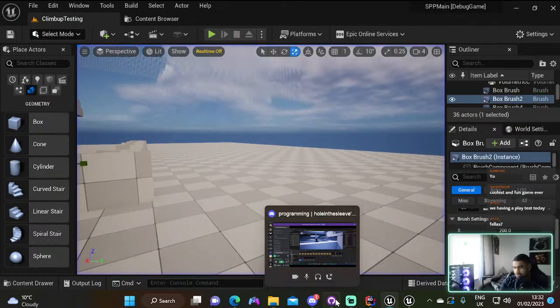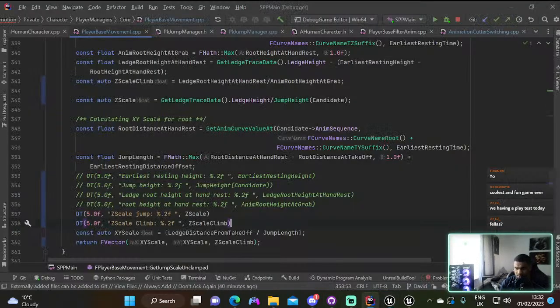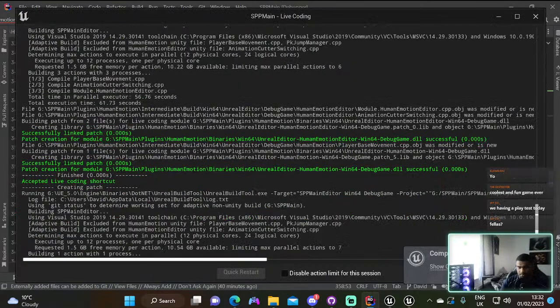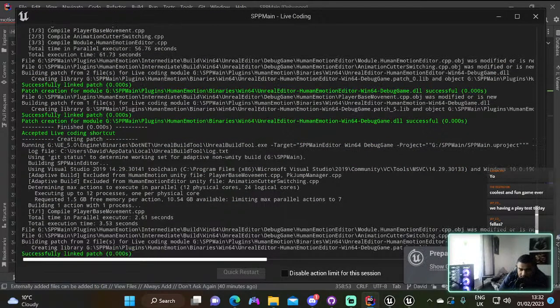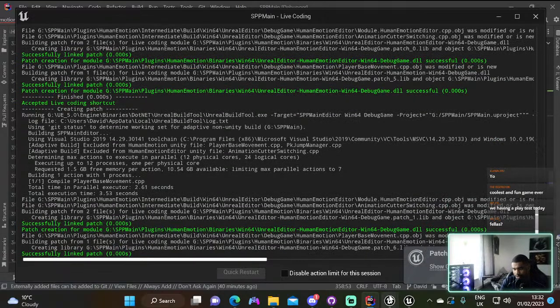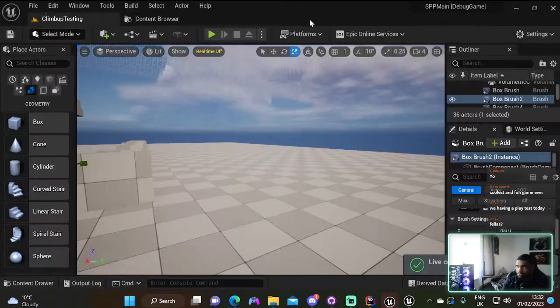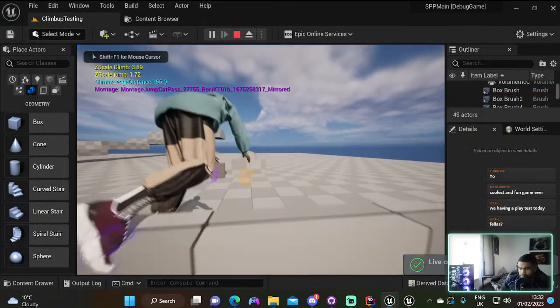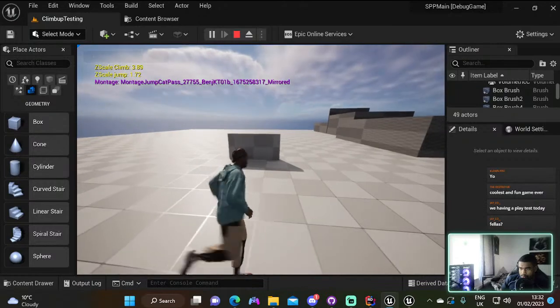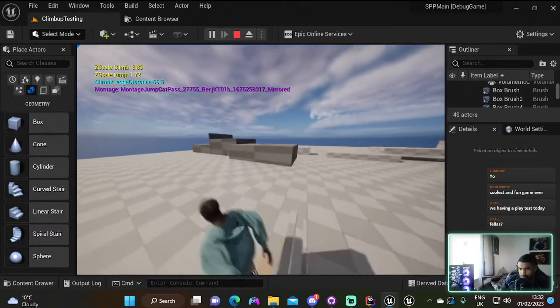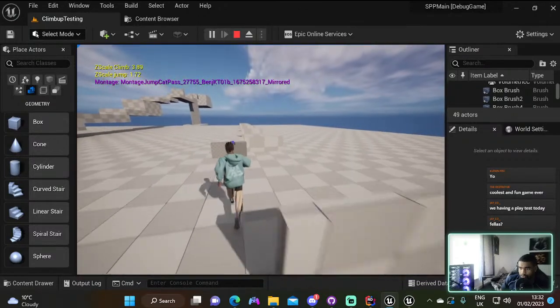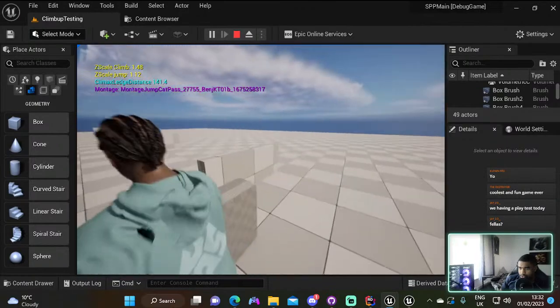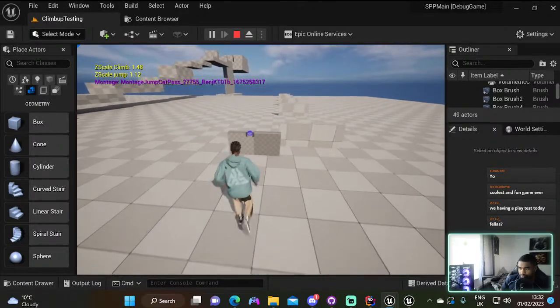Wait, hold on. Am I using the right scale? No, I don't think I am. I was like, what the hell? Why is it doing that? See, what is the scale there? 3.89. So here is like 1.48, right?